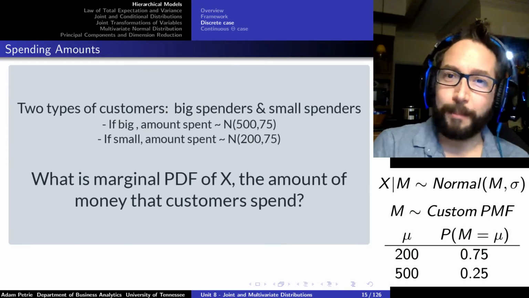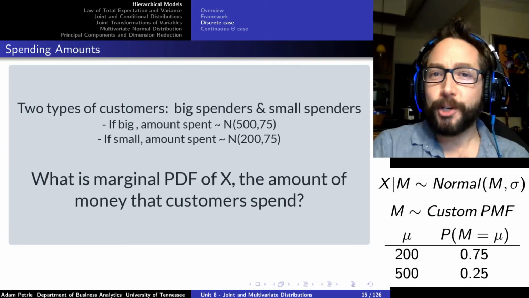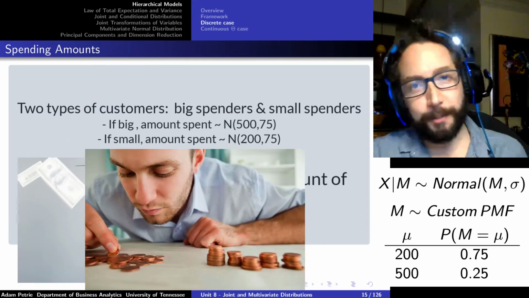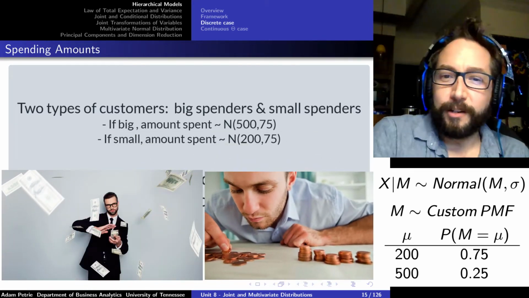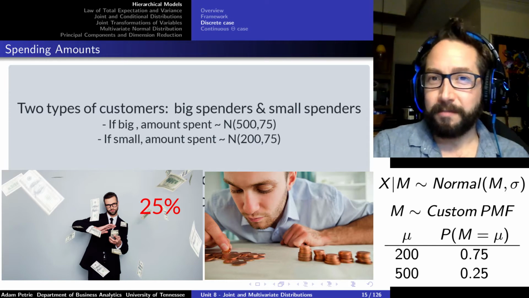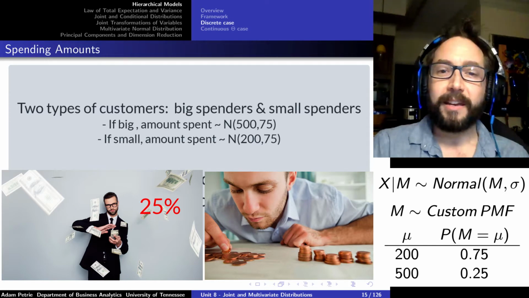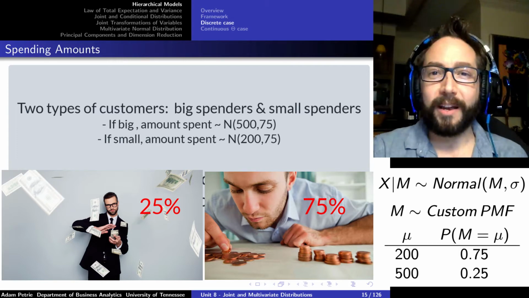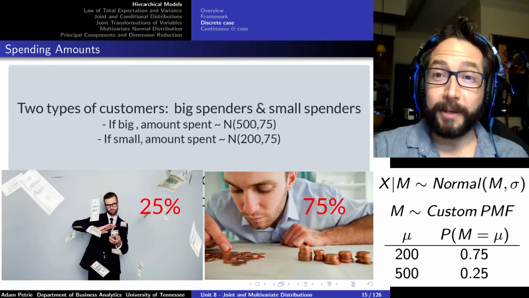So one more example. Let's imagine that we have two customer segments. We have some big spenders and we have some small spenders. So there's a 25% chance that the person who, say, walks into the store next is going to be a big spender, and there's a 75% chance that the next person walking into the store is going to be a small spender.